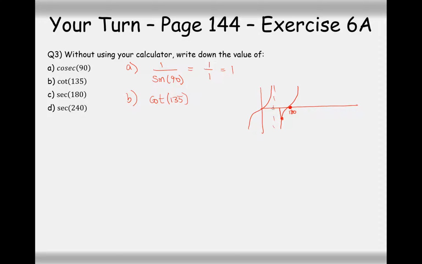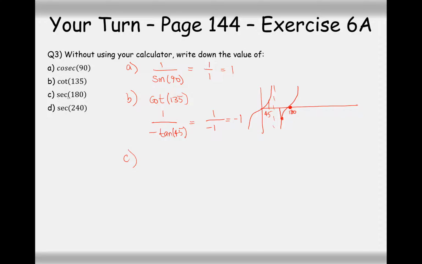Using rotational symmetry around the asymptote line here at 90 degrees, we're going to see that this is the negative of tan 45 degrees. So it's going to be 1 over minus tan 45. So this is going to be minus 1 over, so 1 over minus 1, which equals minus 1.